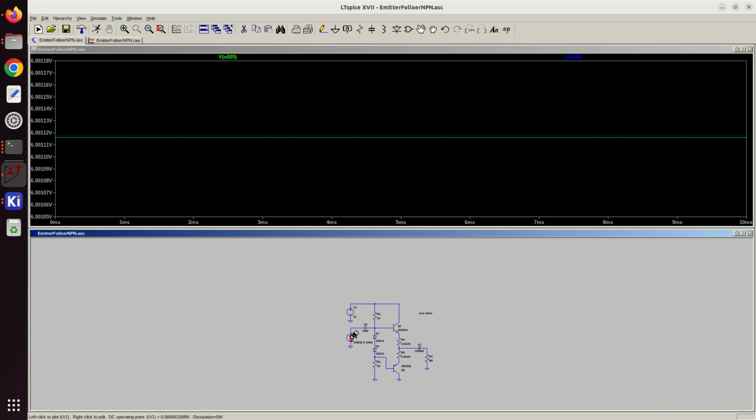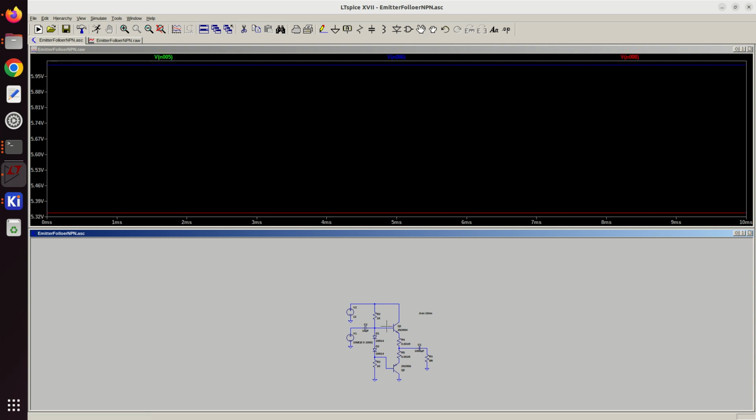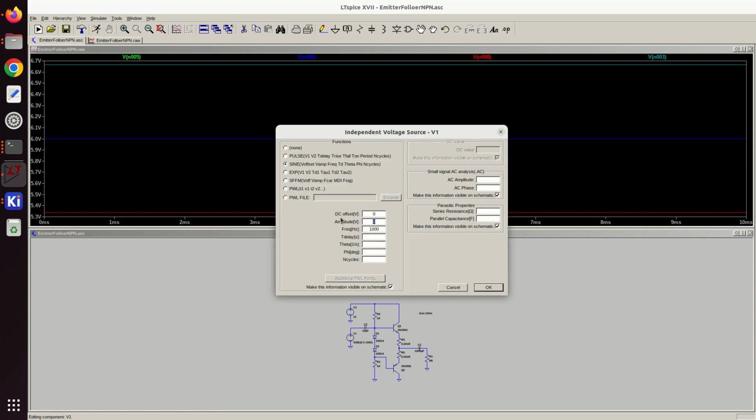So now if I apply, and if you look at the voltage here and the voltage here, so we have this is on the negative side, so that's bias 0.7 below, this is bias 0.7 above.